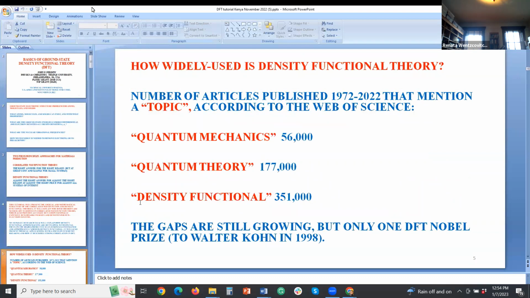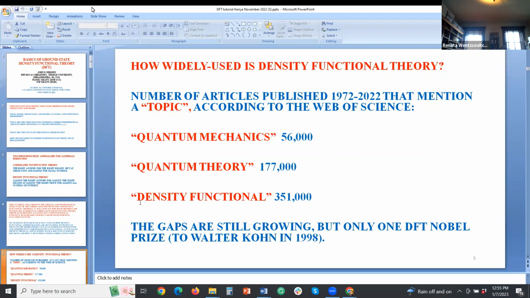Let's begin by asking how widely used density functional theory is. This is a question that you could answer yourself if your library has a subscription to the Web of Science. You could look up the number of articles published in the last 50 years that mention a particular topic. When I did this, for the topic quantum mechanics, I found 56,000 papers.